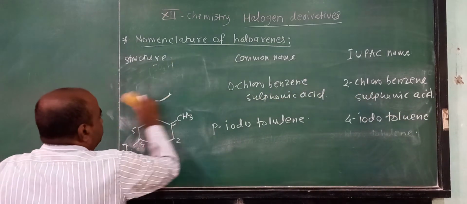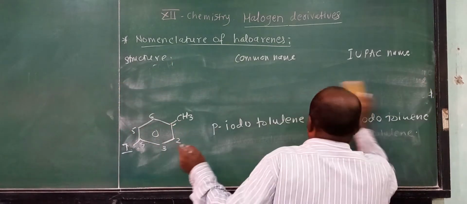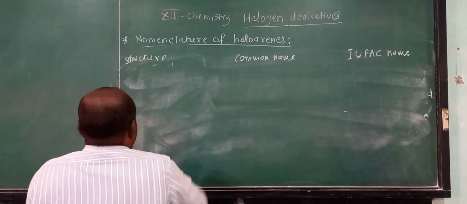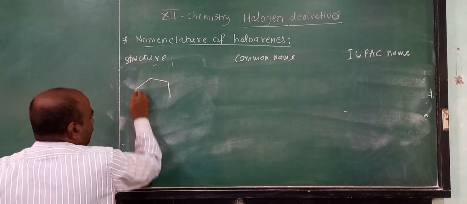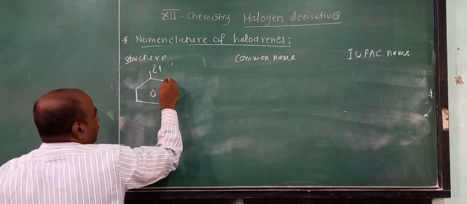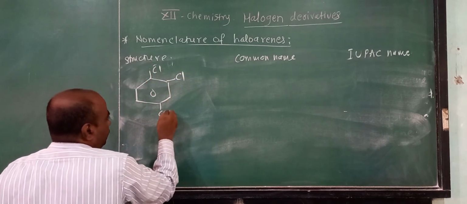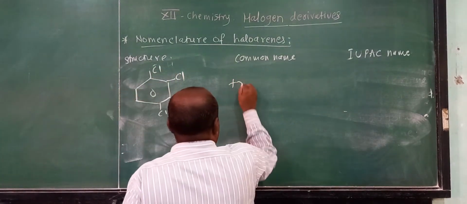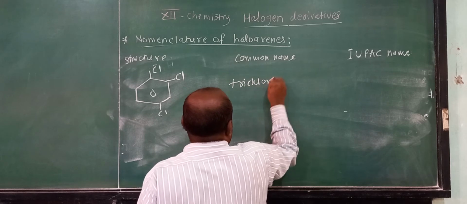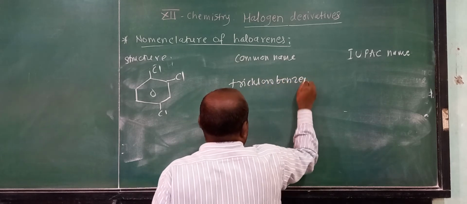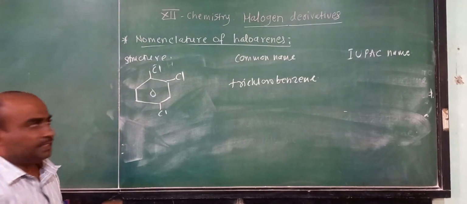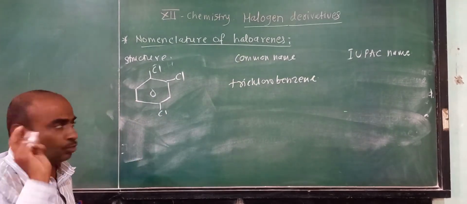Then see another example. For example, we write a trisubstituted haloarene with chlorine at three positions. Then in the common name system we only write trichlorobenzene. But while writing the IUPAC name for that compound, we use the lowest locant rule.